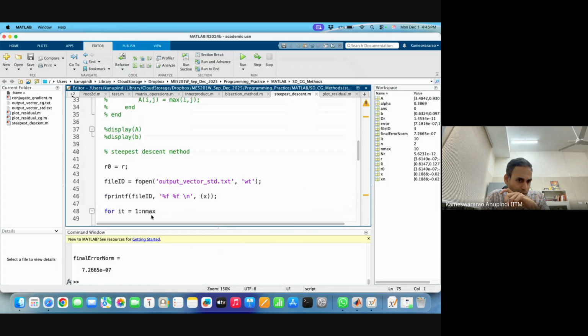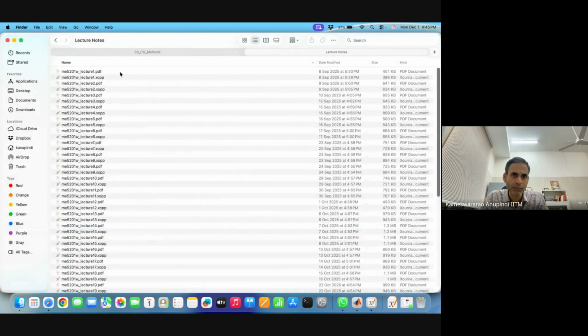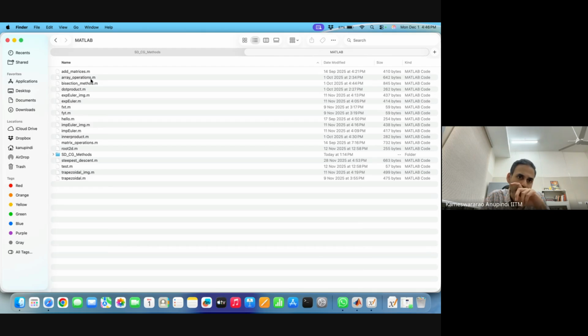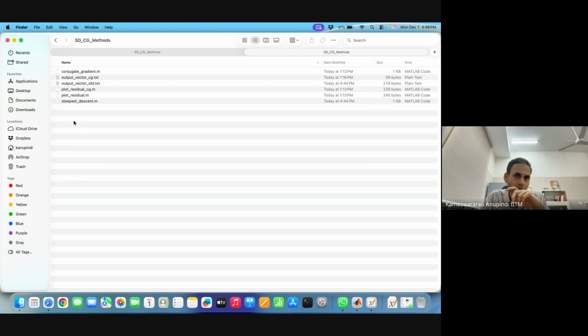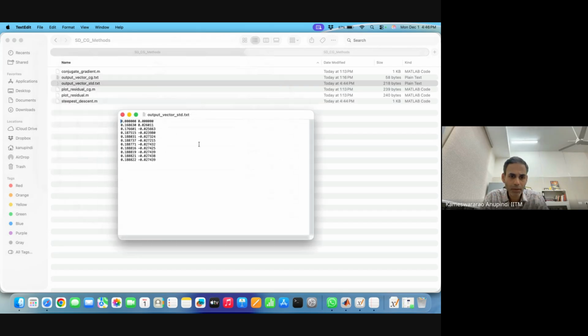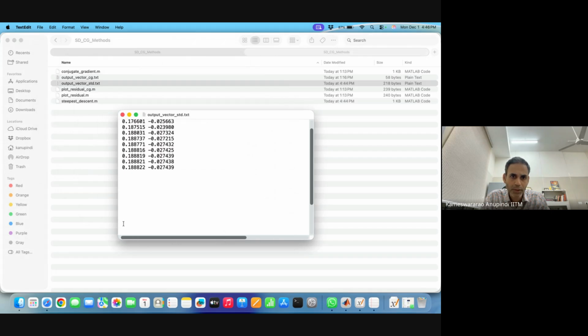Anyway, if it is not able to open, I can open it as a separate file. Okay, I think this is now a little bit too small. Okay, so it has written something like this. What we have is basically all the x values we have taken.